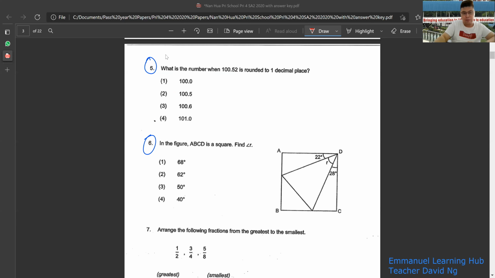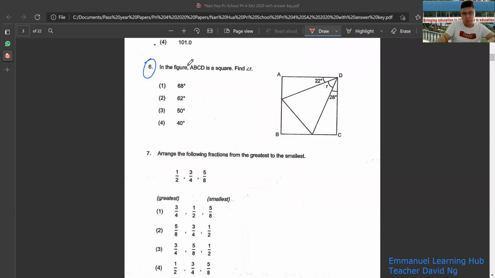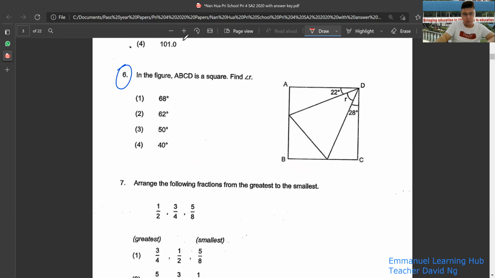Okay, question 6. In the figure, ABCD is a square. Find angle R. Maybe I ask you, 22 degrees plus R plus 28 degrees equal to how many?